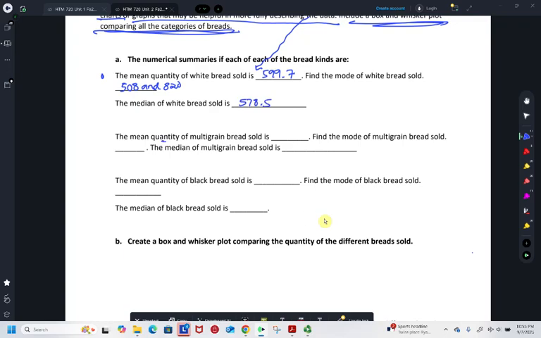Then the mean quantity of multigrain bread is 470.5. It has no mode. The median, however, is 429. The mean of black bread is 382. The mode, many modes, you have 310, 254, and 341. And then the median is 363.